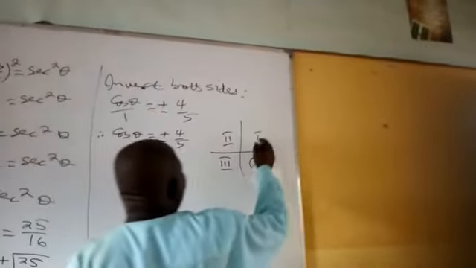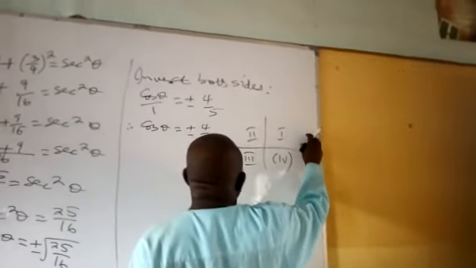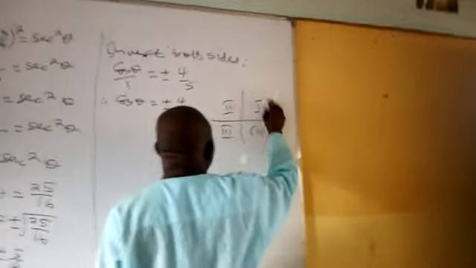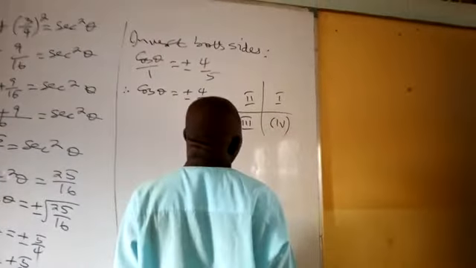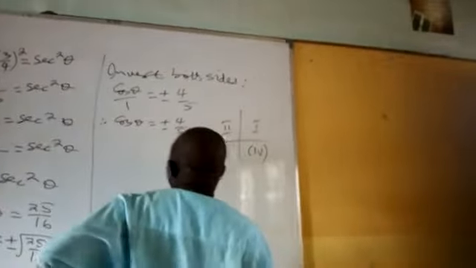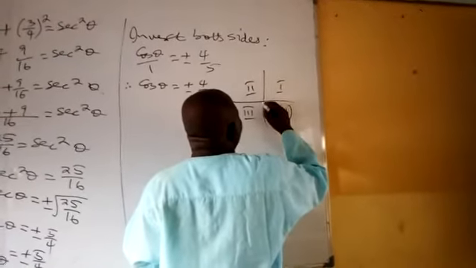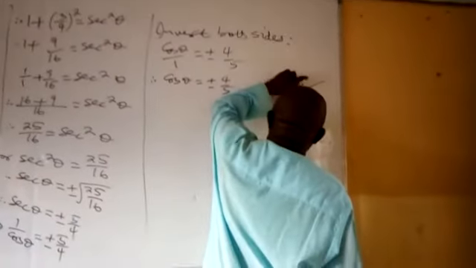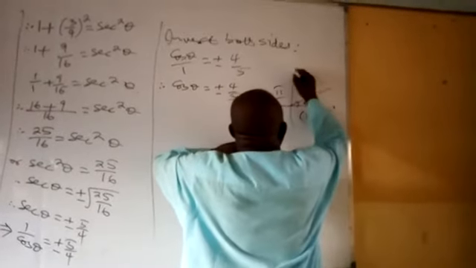Now, in the first quadrant, all are positive. What do I mean by all? That means all the three basic trigonometrical ratios, sin theta, cos theta, tan theta, are positive in this first quadrant. Since theta is acute, it means that angle theta must be in this first quadrant, because it is only in the first quadrant where the angle is between 0 degree and 90 degree.